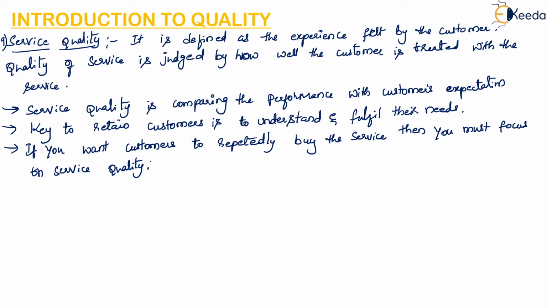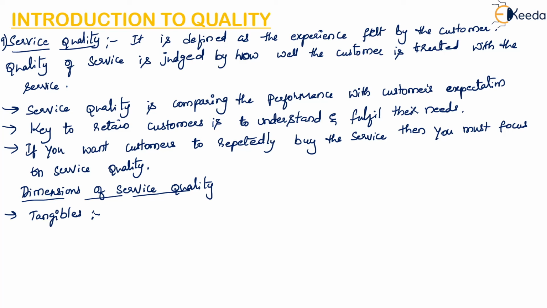So there are again 5 dimensions of this service quality. Service quality is a dimension of quality, and again in turn this service quality has 5 dimensions. The first one is the tangibles. So tangibles is the dimension of quality and it is related to the surroundings in which the service is provided to the customer.